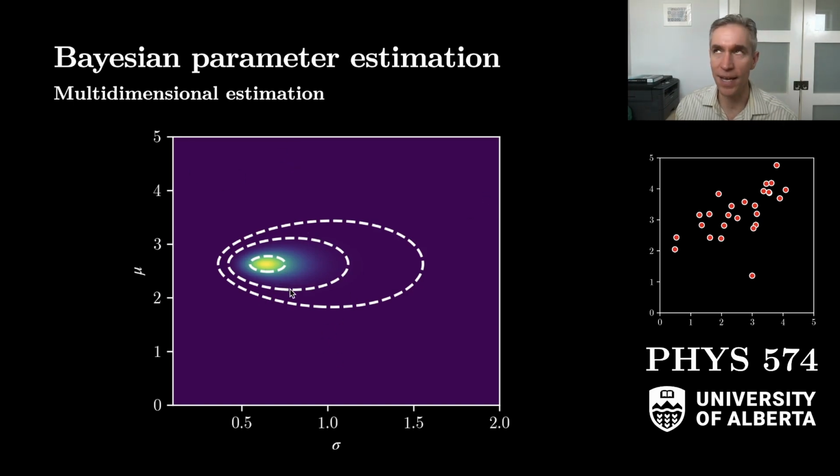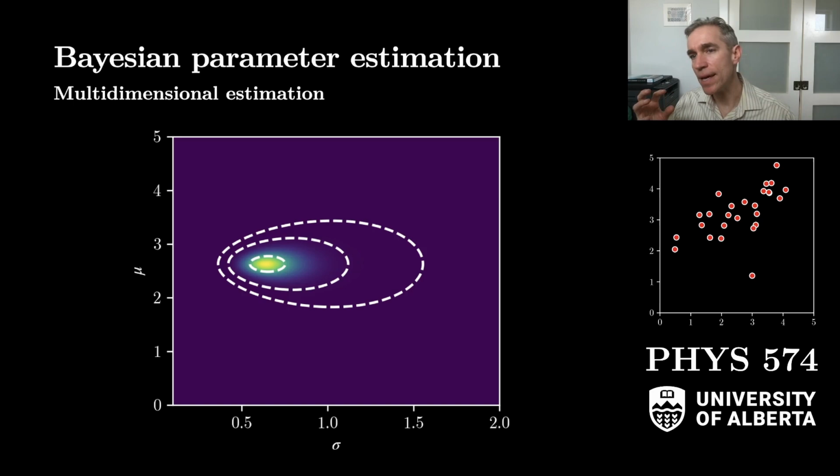So the color scale and the contours illustrate the same thing, showing different values of mu and different values of sigma. And we get this nice two-dimensional parameter space representation where we can see there's a concentration of probability here, and we have a specific point that is the maximum posterior probability of this function.